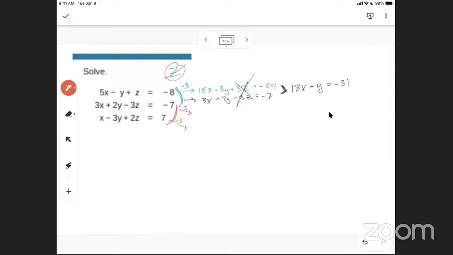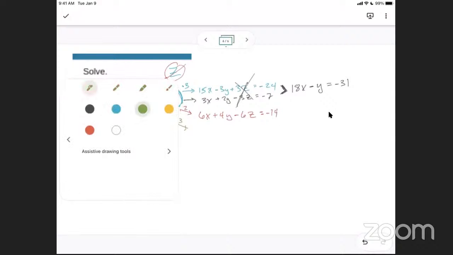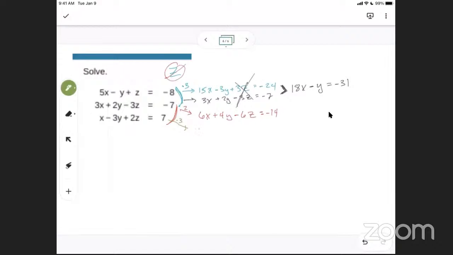So multiplying the middle equation by 2, it's going to be 6x plus 4y minus 6z equals negative 14. Don't forget to multiply that right side by 2 also. Multiplying that other one by 3, I'm going to get 3x minus 9y plus 6z equals 21.